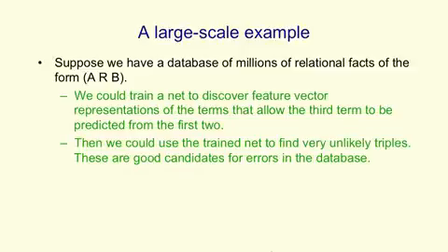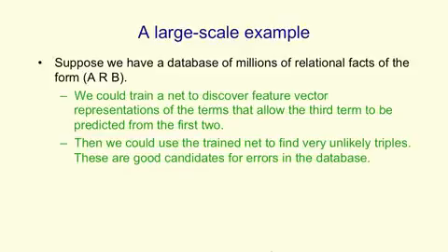It wouldn't necessarily be able to make perfect predictions, but it could find things in the database that it thought were highly implausible. So if the database contained information like, for example, Bach was born in 1902, it could probably realize that was wrong because Bach's a much older kind of person and everything else he's related to is much older than 1902.